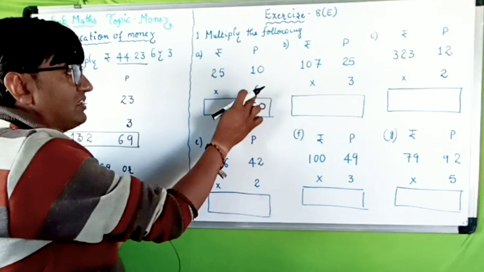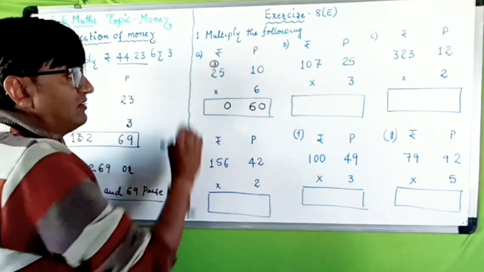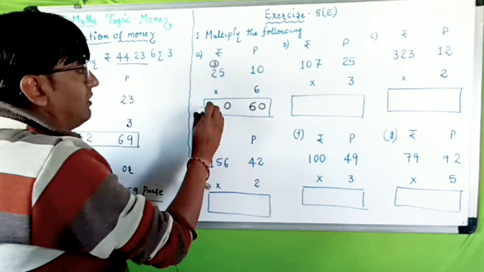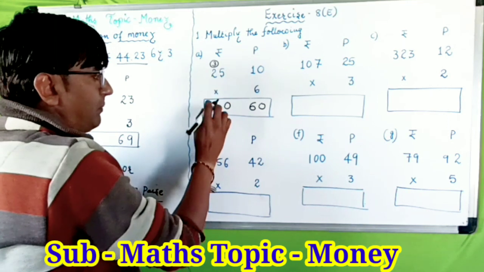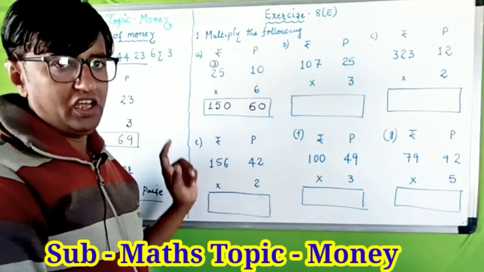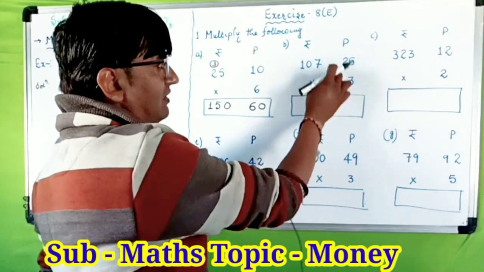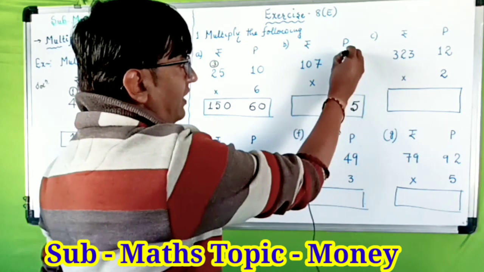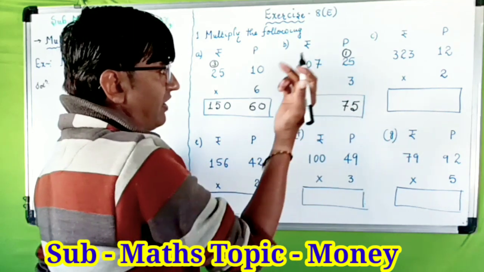Then 6 fives are 30, 0 down and 3 carry. Then 6 twos are 12, 12 plus 3 is 15. So the answer is rupees 150 and 60 paise. Next one: similarly, 3 fives are 15, 5 down and 1 carry forward. 3 twos are 6 plus 1 is 7, 75 paise.